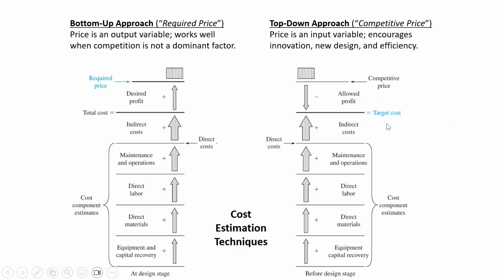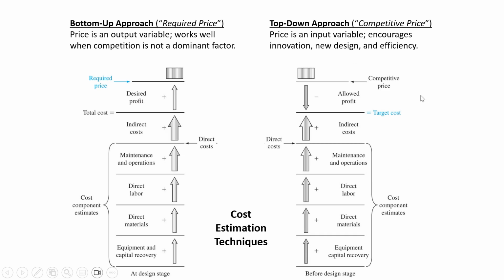You'd start with a target cost that you know will make it competitive. So like if you're selling an Android phone for $400, there's lots of Android phones that you could get for $400. And so if Motorola knows what LG is selling and they know what Samsung is selling, and then there's also Google selling their Pixel phones, like it's a saturated market, then they just pick a price that they know their competition is selling things for, and then they decide, based on we want this to be a $400 phone, how much we can afford to allocate towards these things like labor, materials, capital recovery of the equipment that's being used.